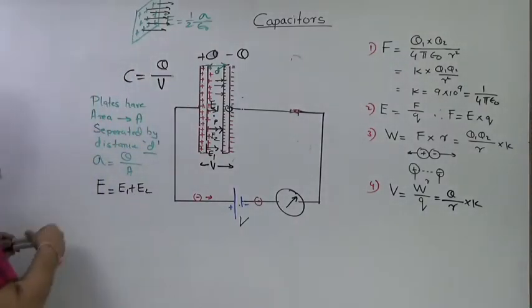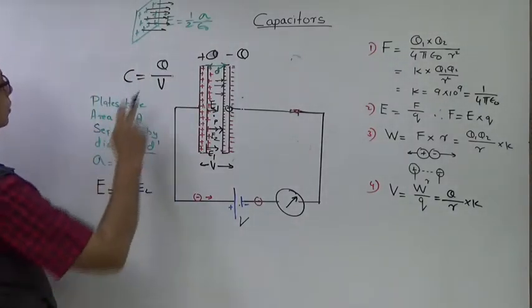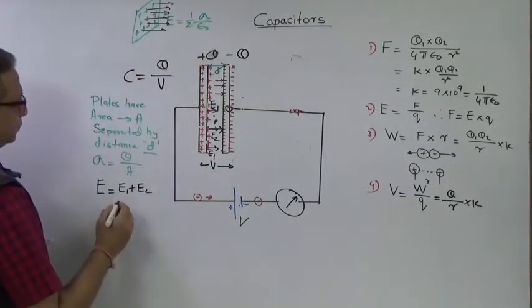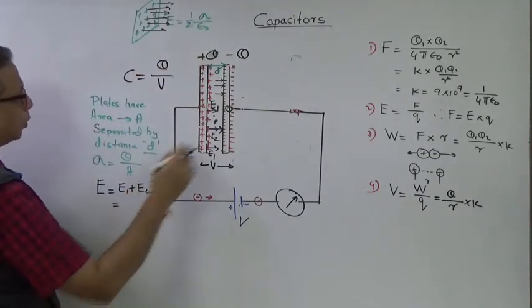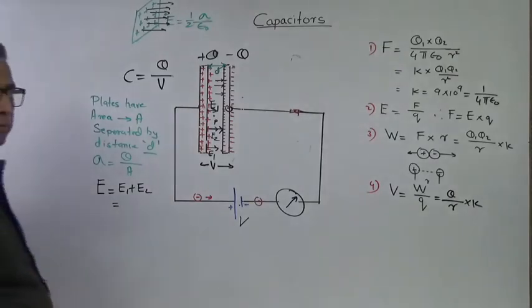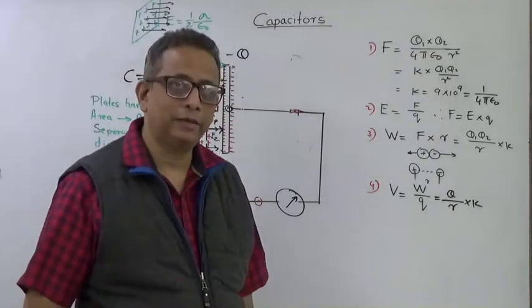So this will be the E1 plus E2 intensity, and E1 is given as 1/2 sigma upon epsilon naught. Both values of intensity will be the same because the surface charge density sigma is the same for both of them.